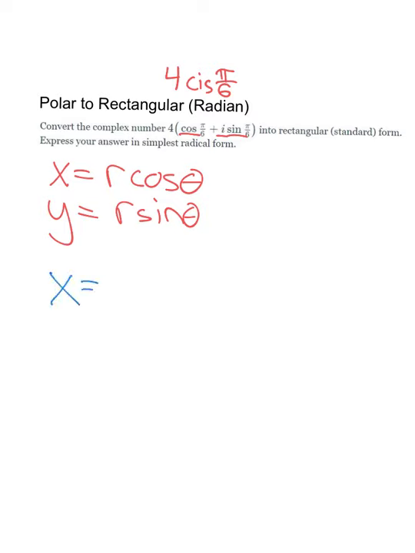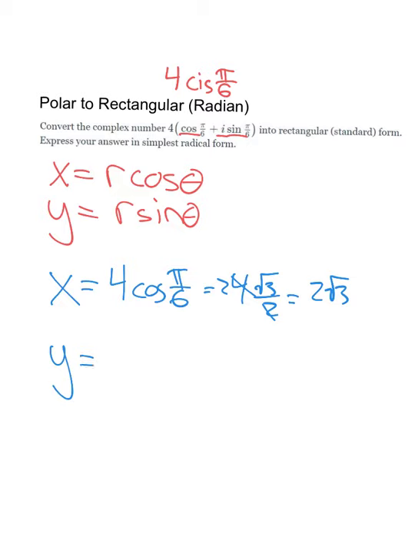So x is going to equal 4 times the cosine of pi over 6, which if you have a unit circle handy, cosine at pi over 6 is root 3 over 2. So that just reduces down a little bit to 2 root 3. And then the y value, that's going to be 4 times the sine of pi over 6.